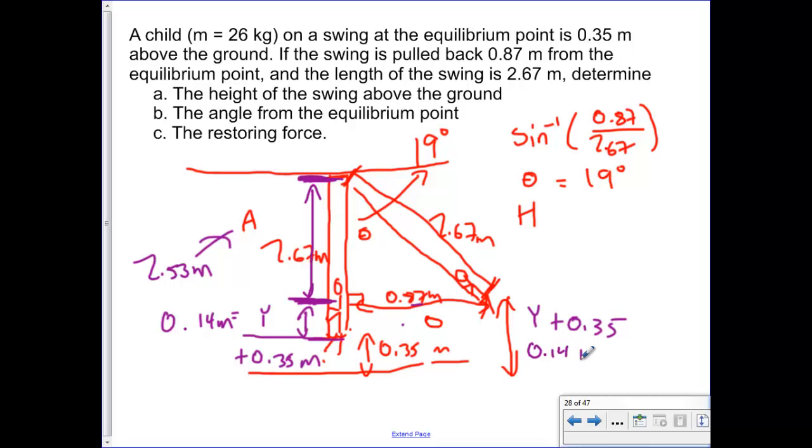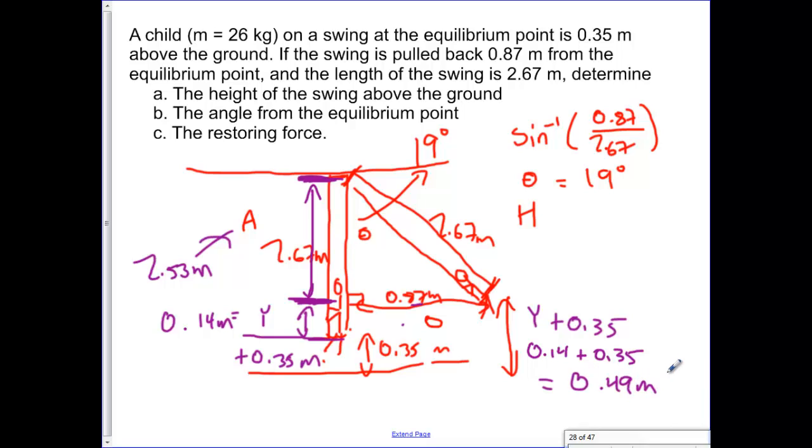And so then take your 0.14 and add your 0.35. So she's 0.49 meters above the ground. Does that make sense? Sorry, my work is very messy here. I hope you guys are able to follow that.